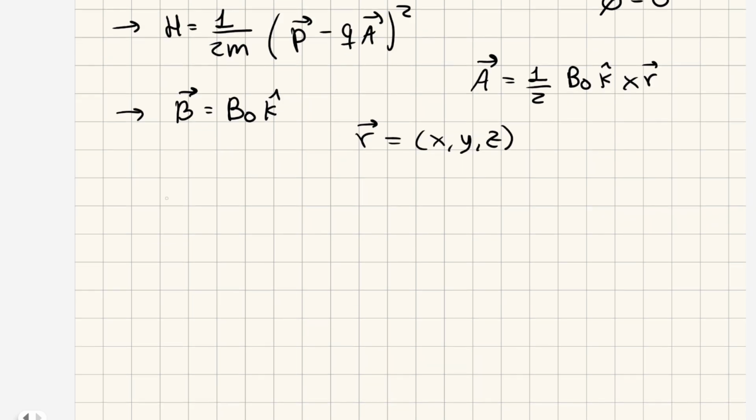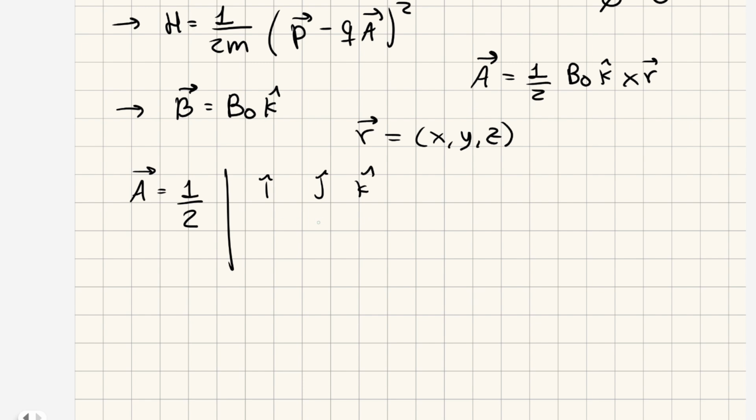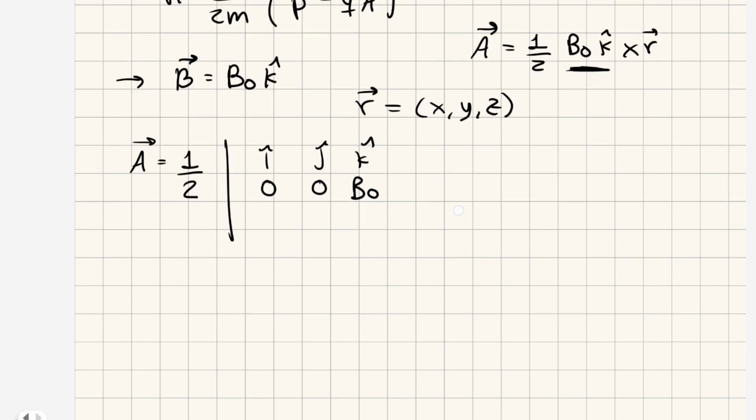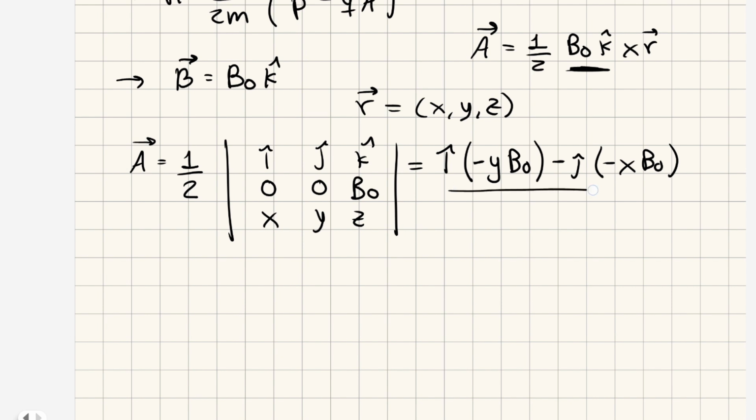So A is going to be equal to 1/2, and then i, j, k, and then we need to write here the components of the magnetic field, but we only have one component, for k. So here we have 0, 0, B0, and then for r it will be x, y, z. Perfect, so this is going to give us i times minus yB0, and then minus j multiplied by minus xB0, and all this is divided by 2.